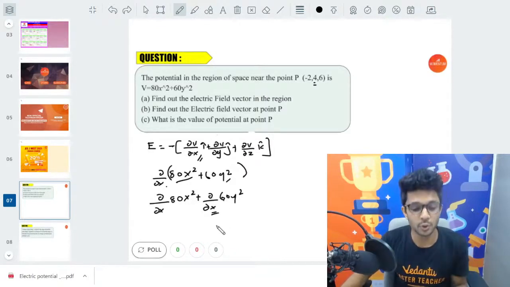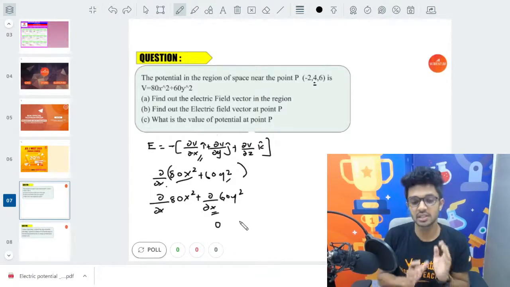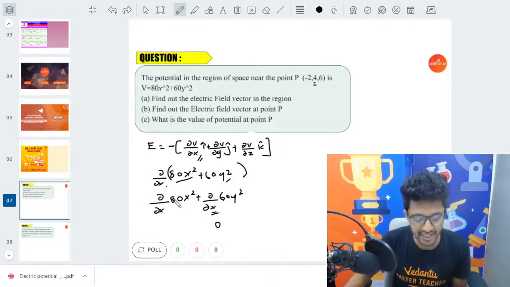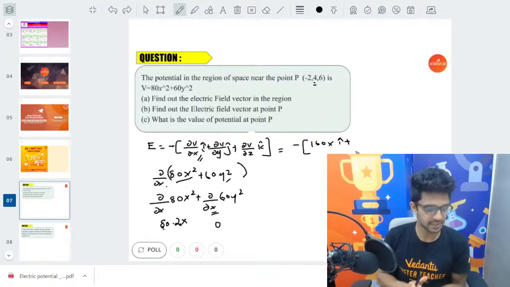If you do the differentiation of that constant, it's going to be 0. So the only thing that remains is dou by dou x of 80x square. 80 comes out, dou by dou x of x square is 2x. So that is 80 into 2, that is 160x. So I'm going to write negative of dou V by dou x is equal to 80 into 2, that is 160x with i cap, plus.